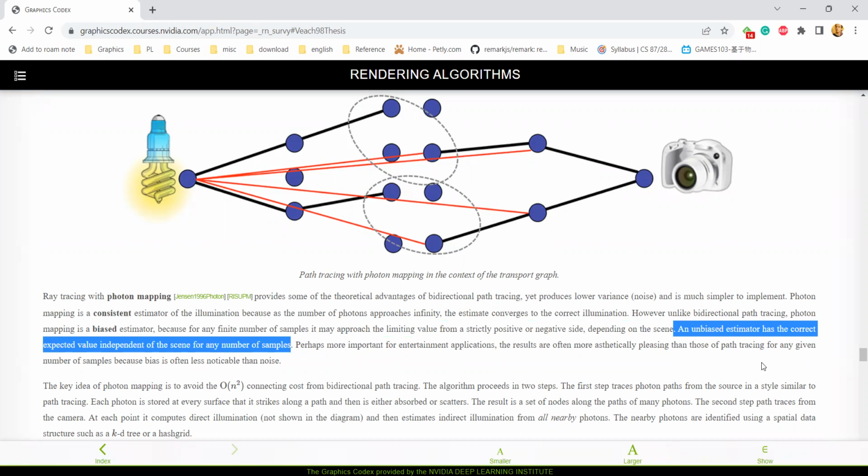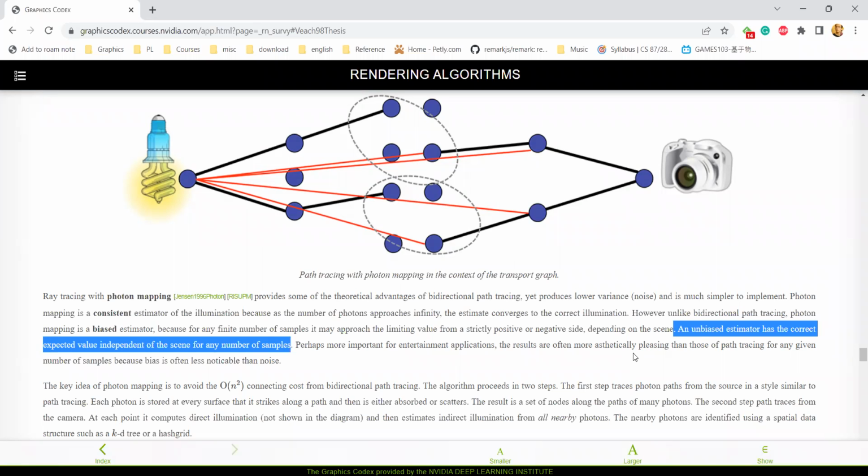An unbiased estimator has a correct expected value independent of the scene for any number of samples. So it works nicely: even for path tracing, if we only have one sample per pixel, on average it is correct because its expected value is the correct converged value.